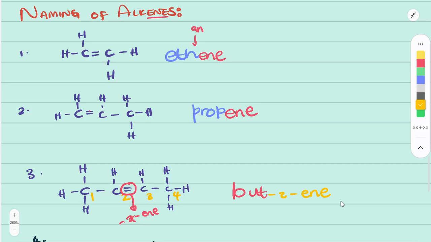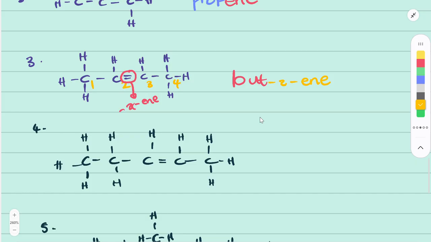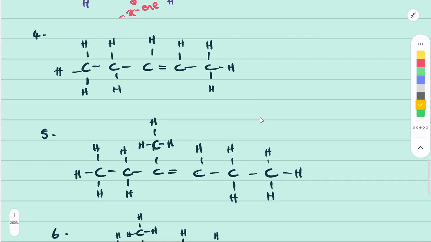So let us go to the other molecules over there. So number 4 right here, what do we have? We have this molecule right here. We see that this is just a straight chain molecule. So the first rule whereby you have to choose the longest continuous chain would not apply. But the second one, where we say your number closest to your functional group, will apply.